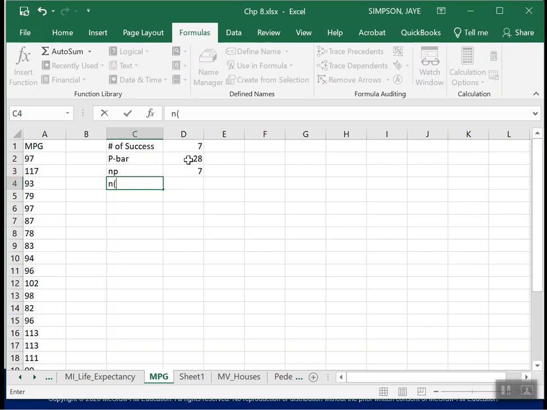And then n times 1 minus p is going to be equal to 25 times, open my parentheses, 1 minus p bar, our sample proportion, which is 18, and that is greater than 5 also.